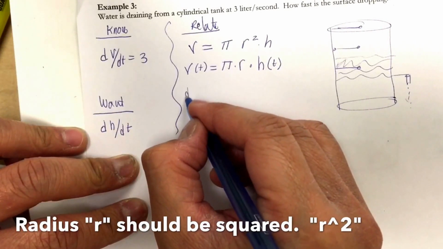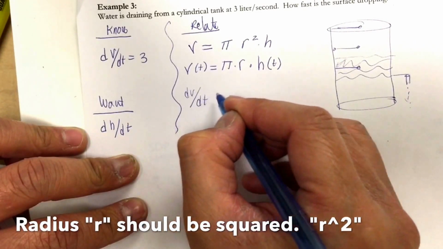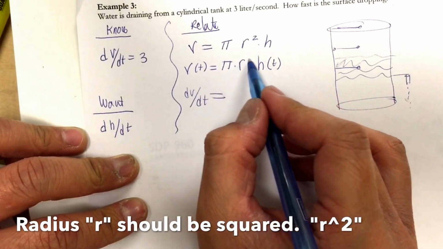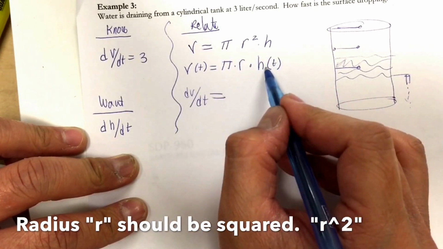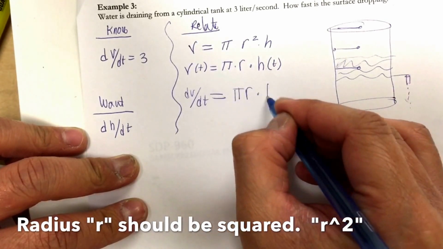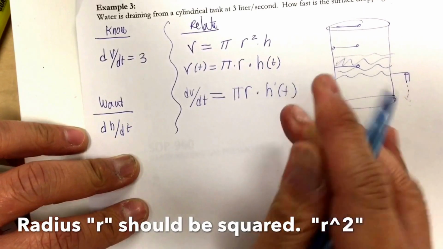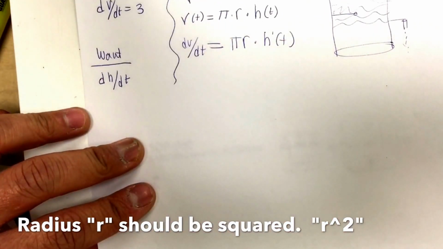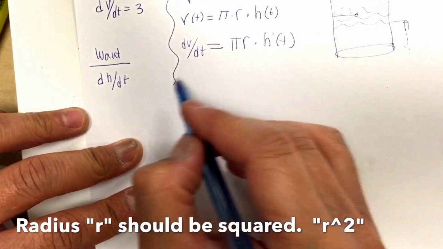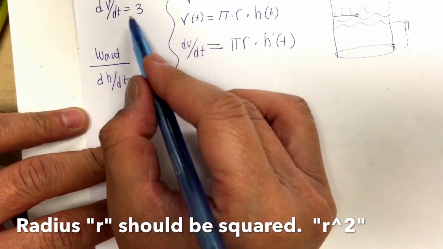Now we differentiate both sides. The derivative of V is called dV over dt. Take the derivative of h, leave these two alone. So pi r squared times h prime. We want to find h prime. Plug in what we know.